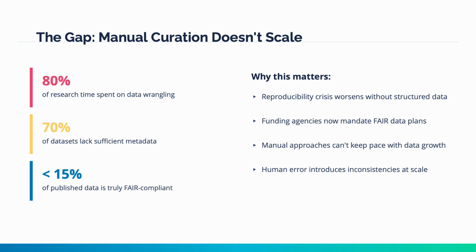Why does this matter? The reproducibility crisis gets worse without structured data. Funding agencies now mandate data management plans. Manual curation simply cannot keep pace with the exponential growth of research data, and human error at scale introduces inconsistencies that undermine trust in the data.